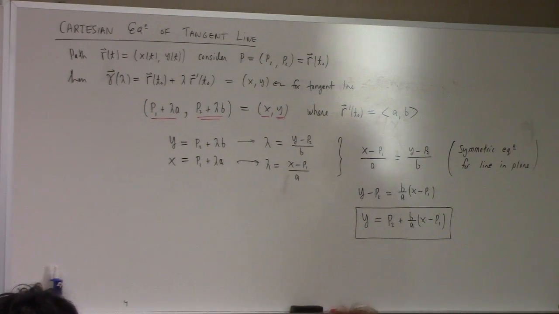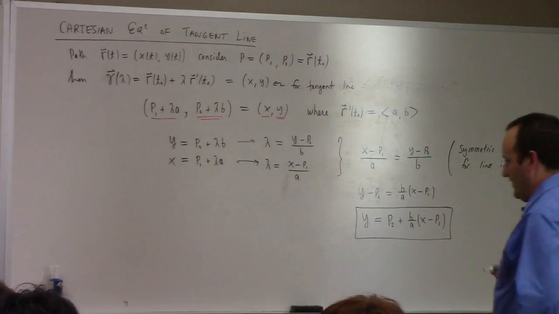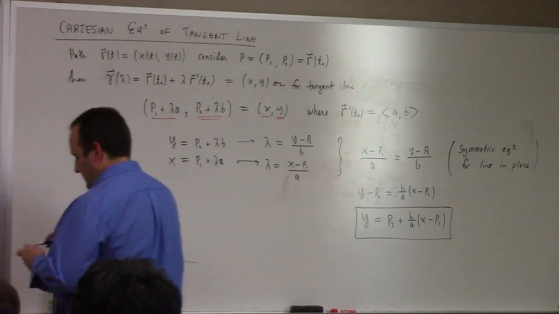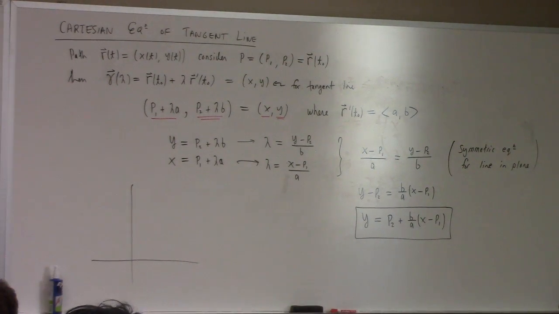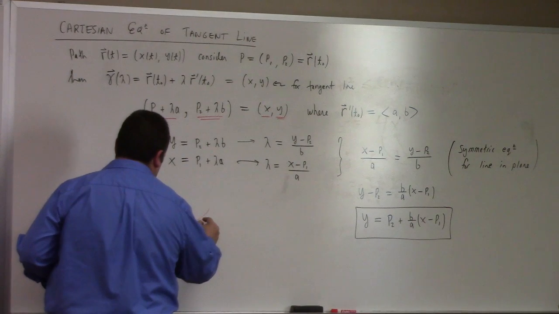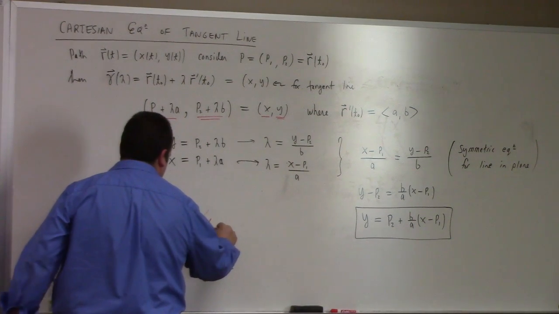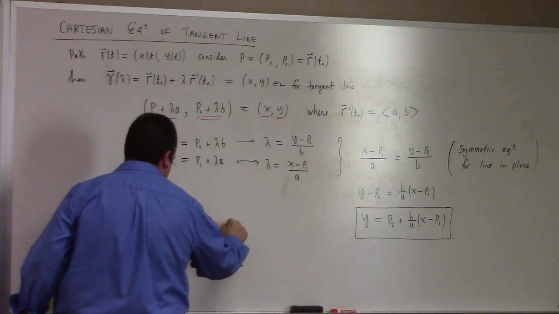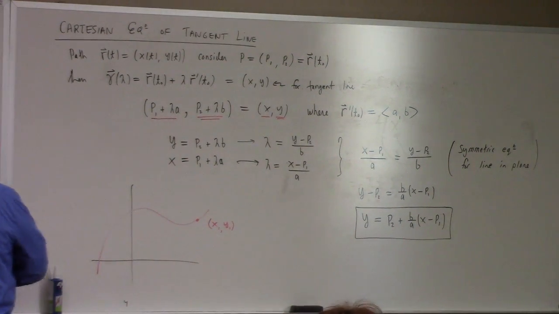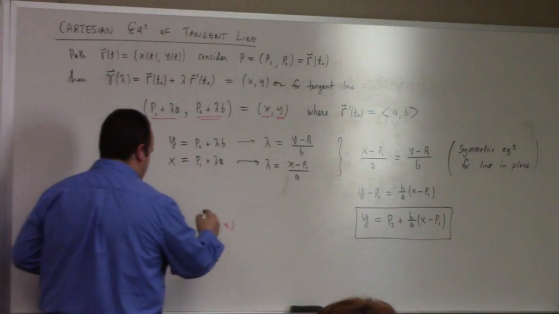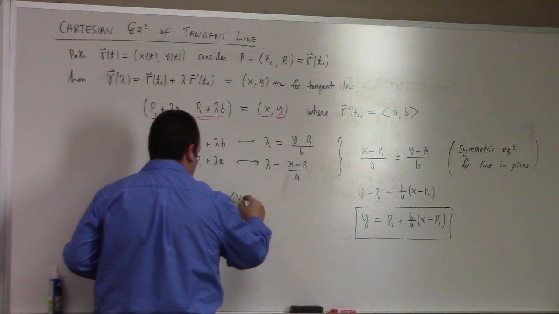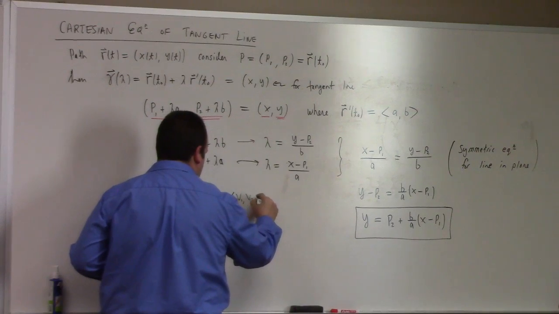Tell you what, let me change notation a little bit here. I think if I change notation a little bit, you guys will understand what I'm saying better. Here's the curve. Here's the point of tangency. I'm going to call that point of tangency x1, y1, and the velocity vector here v1, v2.